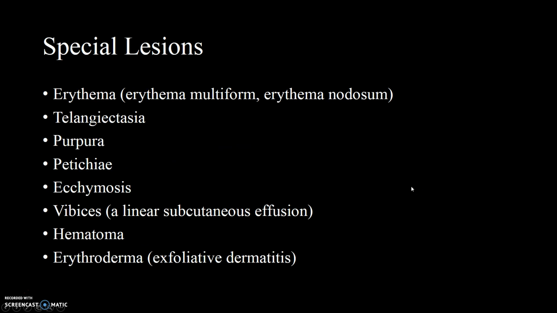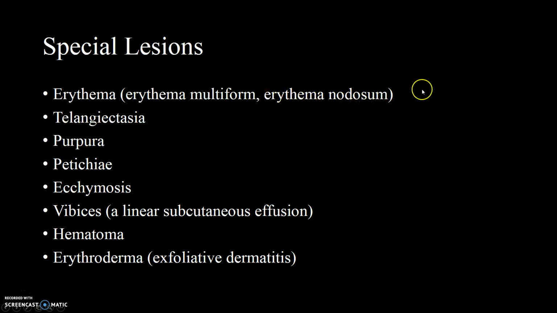I just want to point out there are some special lesions. I'll give you one that falls into a category of erythema. Erythema nodosum is so interesting. It usually presents as red nodules on the lower extremities, can be on the upper extremities, and is often correlated with the initiation of oral contraception in a young woman.